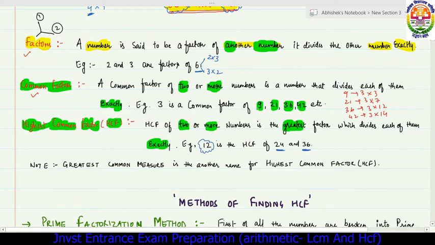For 24 and 36, there is a common table which divides both the numbers, 12.